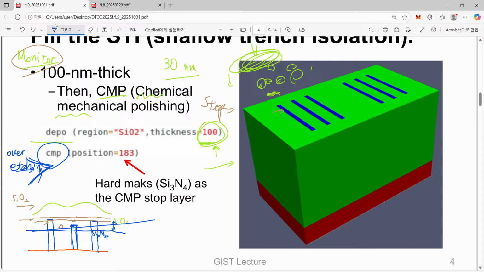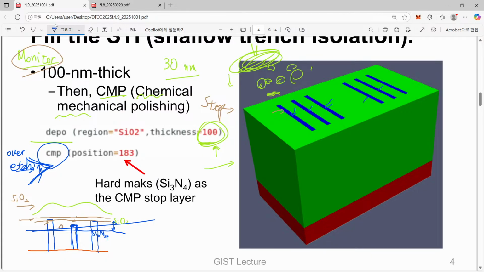Now, why is it important to reveal this hard mask? Now we have a clear hard mask shown here and oxide there.